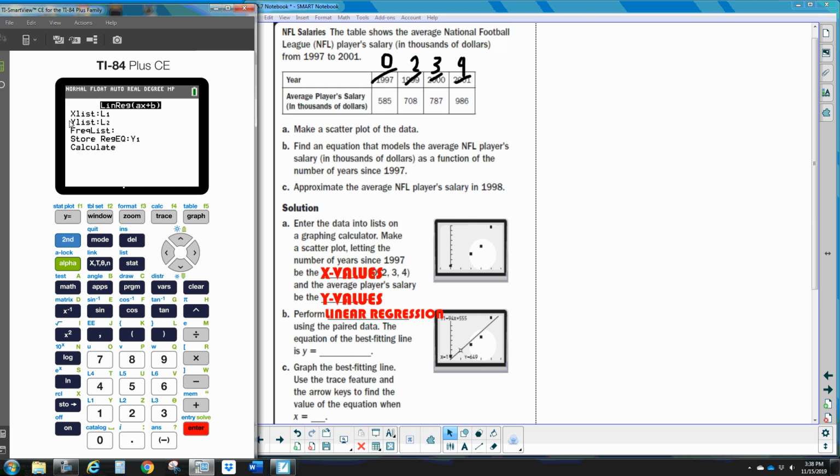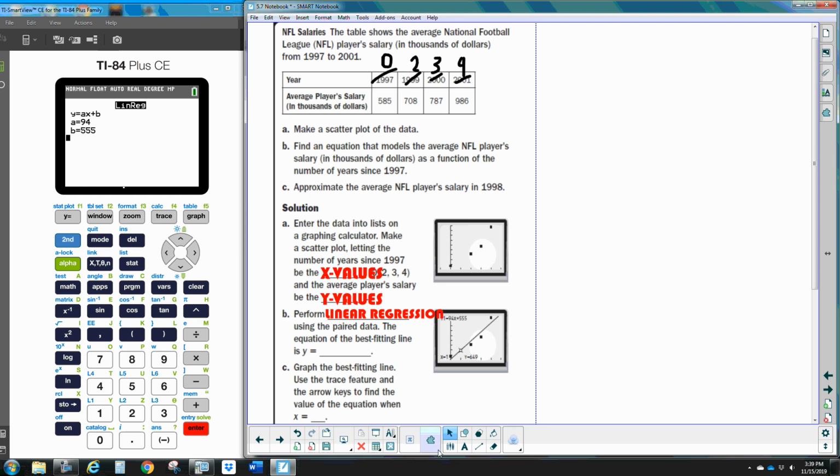I'll just select y1. Now I'm going to calculate. So now I get this equation, y equals ax plus b. That's in slope-intercept form, where a is your slope. And I get this equation, y equals a, which is 94, times x plus b, which is 555.